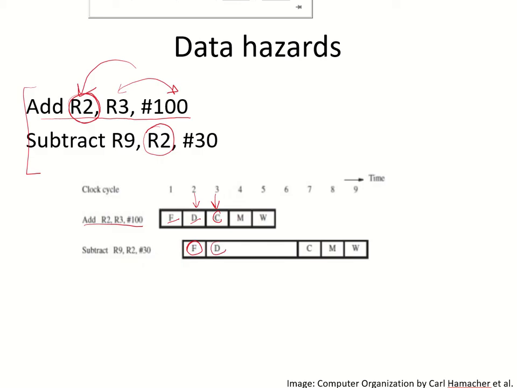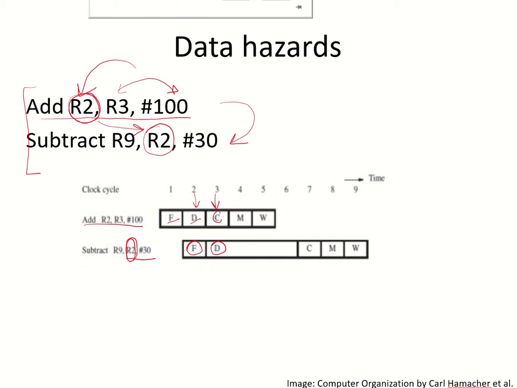For the subtract instruction, these two operands are required, R2 and the immediate value 30. If we fetch the contents of R2, these would be incorrect contents, because this instruction follows the add instruction, and that means it requires this value.